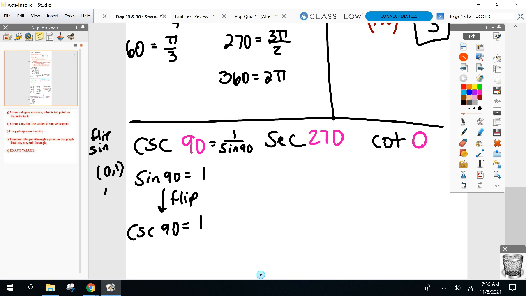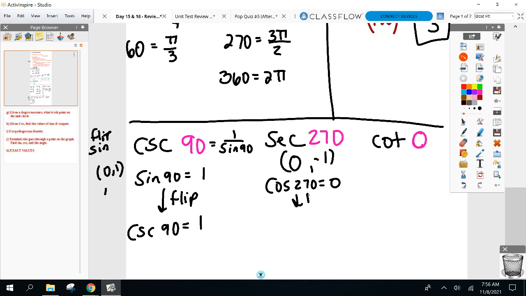Okay? Secant of 270. Where's 270? What coordinate? 0, negative 1, right? Everybody good? All right, so secant's related to what? So cosine of 270 would be what coordinate up here? X coordinate, which would be 0.